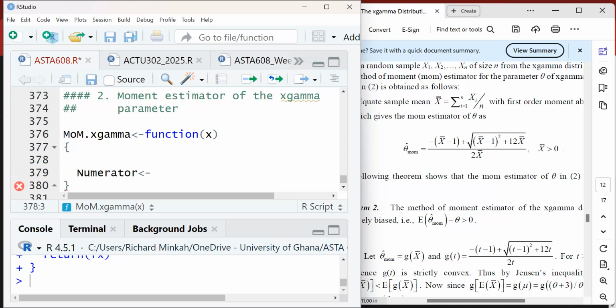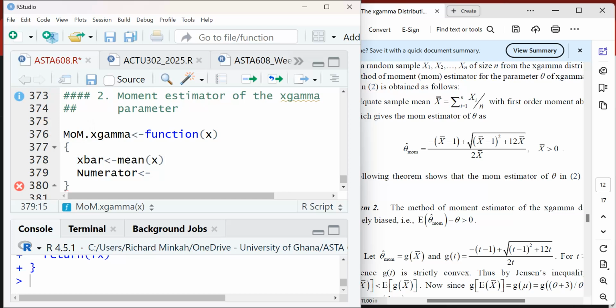So I can say that S bar is the mean of X. It means that within the numerator I can just call S bar.